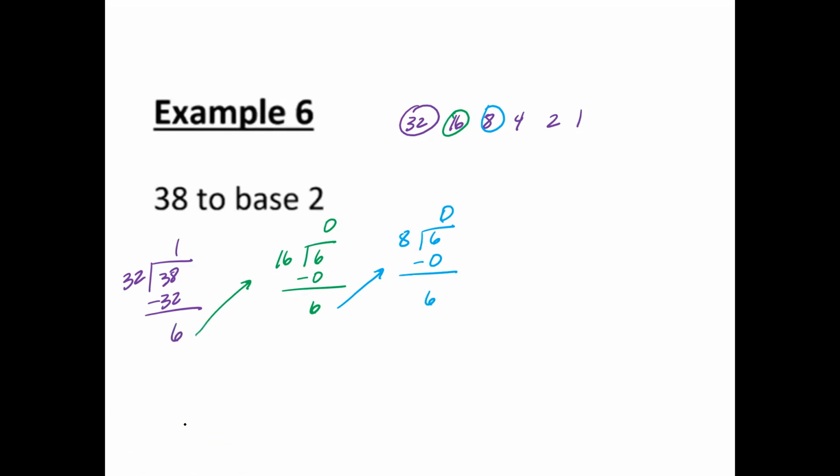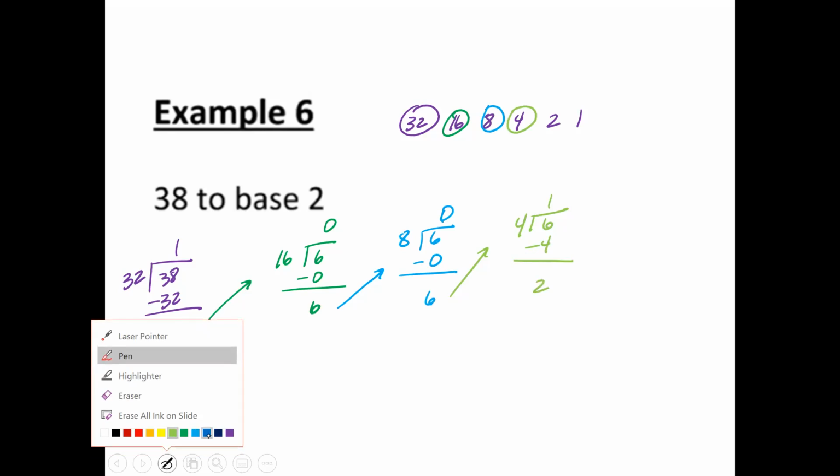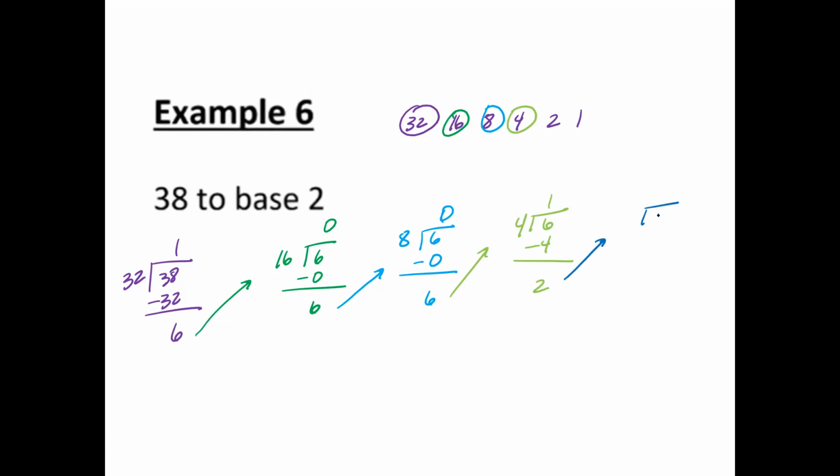Repeat it one more time. Now I could do 4. 4 can go into this once, which gives me a 2. Bring that 2 inside the division sign. Your next one in place is a 2. 2 times 1 is a 2. And ta-da, you have 0. So your binary code for this one is 10011.